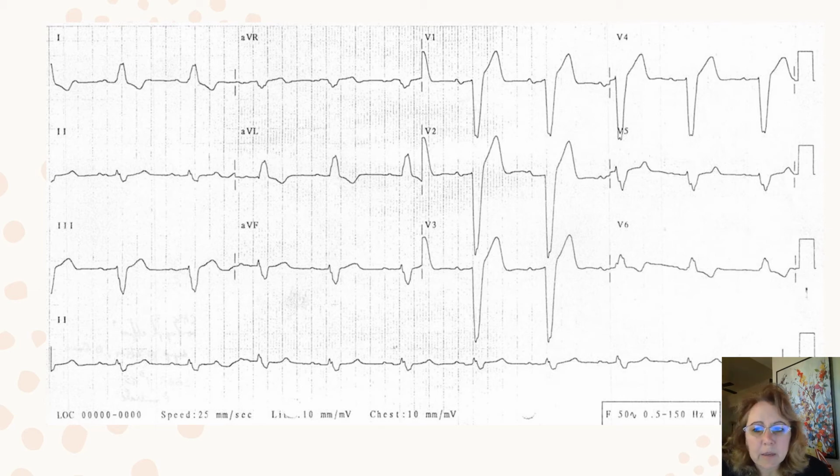So again, use those cheat sheets that I've given you. You will notice that in both the right and the left bundle branch blocks, V6 and 1 look very similar, whether it be for a left bundle or a right bundle. Notice how lead 1 and V6 look very similar here, and V1 is the outlier.